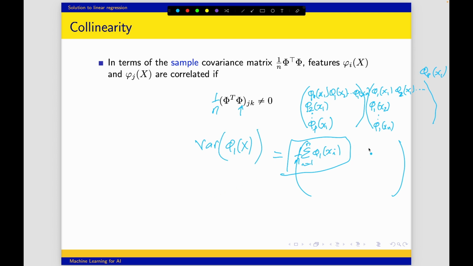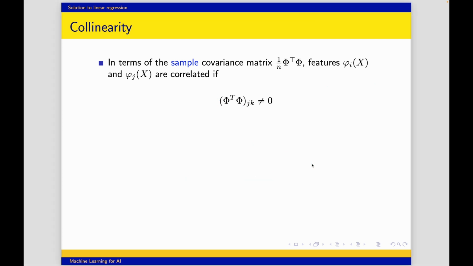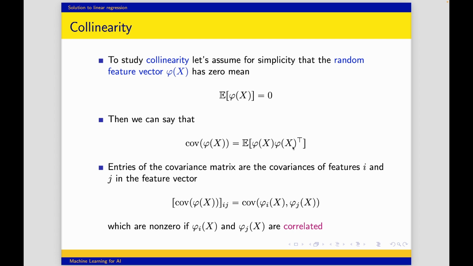Now here we're going to get a sample covariance of psi 1 of x and psi 2 of x, and so on and so forth. So this thing here divided by n, or n minus 1, is going to be a sample covariance matrix. It's a sample version of this thing here.